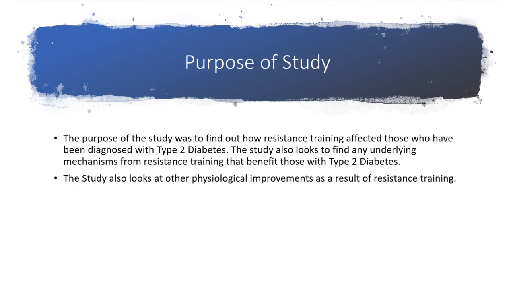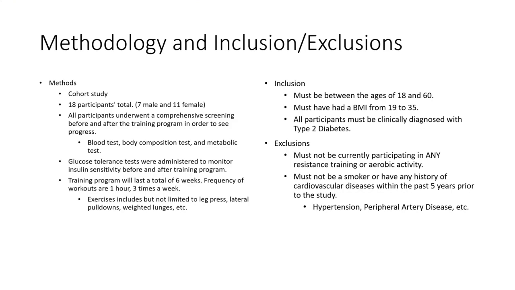But we know exercise is good for you, so that's a very general objective here. More specifically, this article goes over the underlying mechanisms on how resistance training benefits those with type 2 diabetes. The study also looks at other physiological improvements as a result of resistance training, like how else resistance training can affect your glycemic levels.